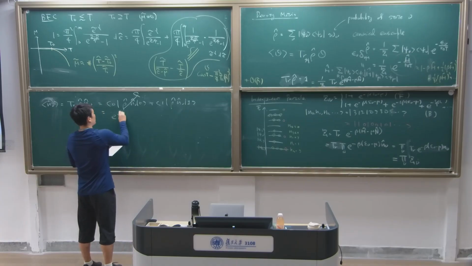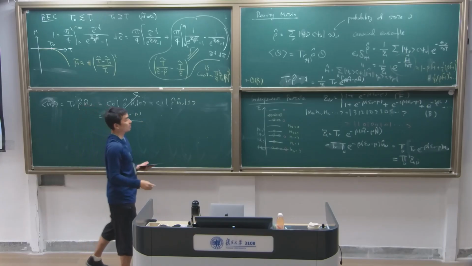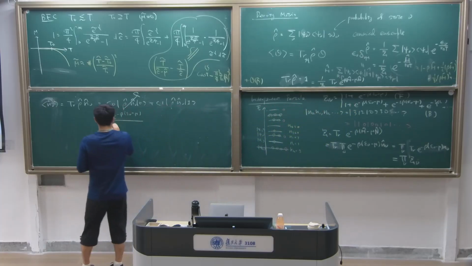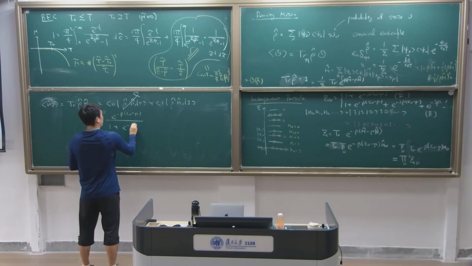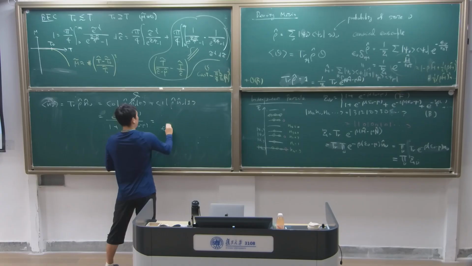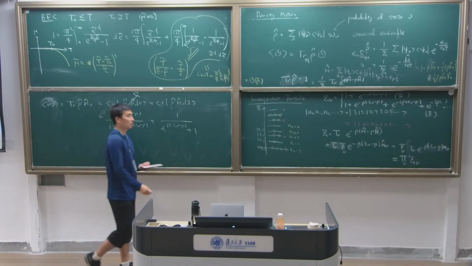So this is e to the minus beta over, the product is shown here, but divided by, this is one over z. One over z is this guy. So this guy is 1 plus e to the minus beta, mu minus mu. And this is equal to e to the beta, mu minus mu, plus 1, the Fermi-Dirac distribution.